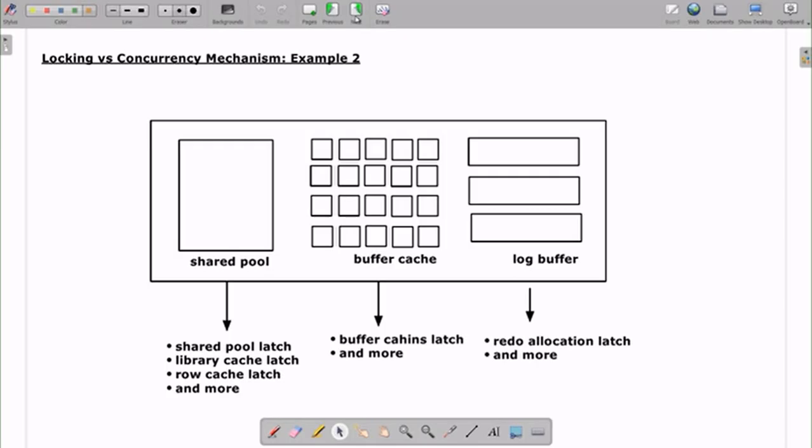So in order to control access to the data in the shared pool, the buffer cache, the local buffer, and other memory areas, we need a way to control concurrency. Think about that. You have one session that issues a SQL statement requiring an index scan, so my SQL statement and index scan information are saved in the shared pool, especially the library cache.